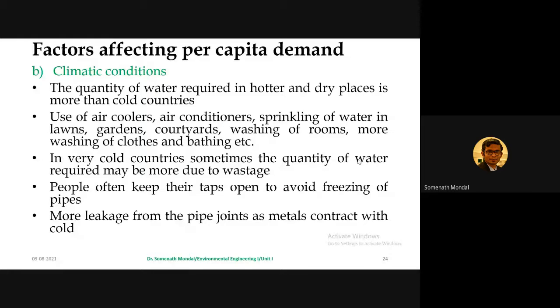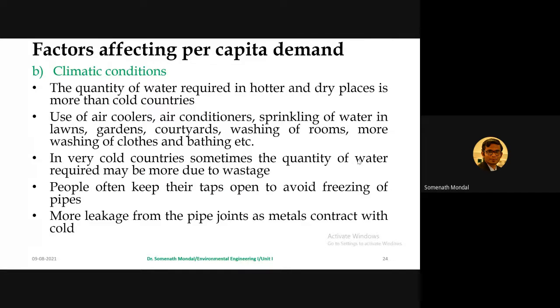Though in India most of the area doesn't come under a permafrost region, there are a few places where, if you stop running the tap water, the water will immediately freeze. In order to avoid that, people keep on running the tap so that the water does not get frozen, and that is why a huge amount of water goes to waste.